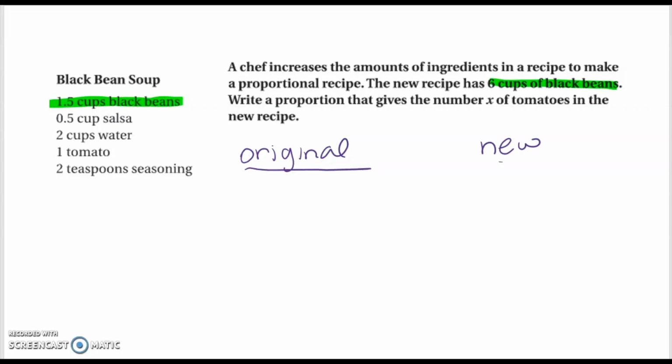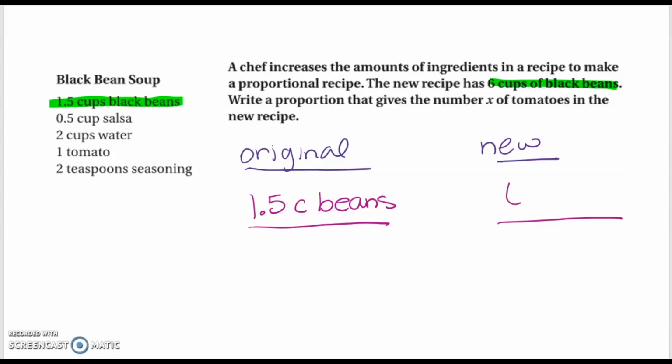That's really important to know what we're comparing. So in our original recipe, we used 1.5 cups of black beans. Okay. In our new recipe, again, those units have to match. We're going to use 6 cups of black beans because we must want to feed quite a few more people than originally.